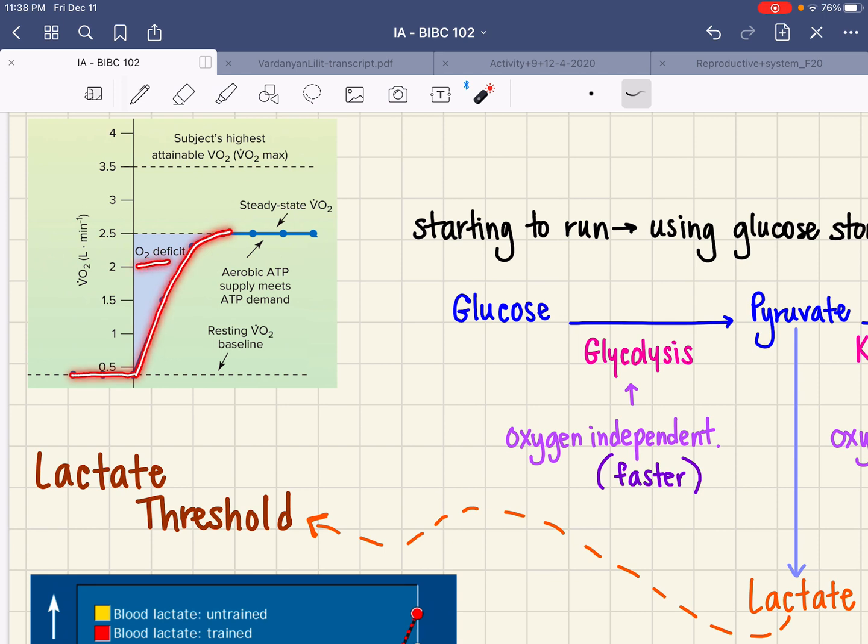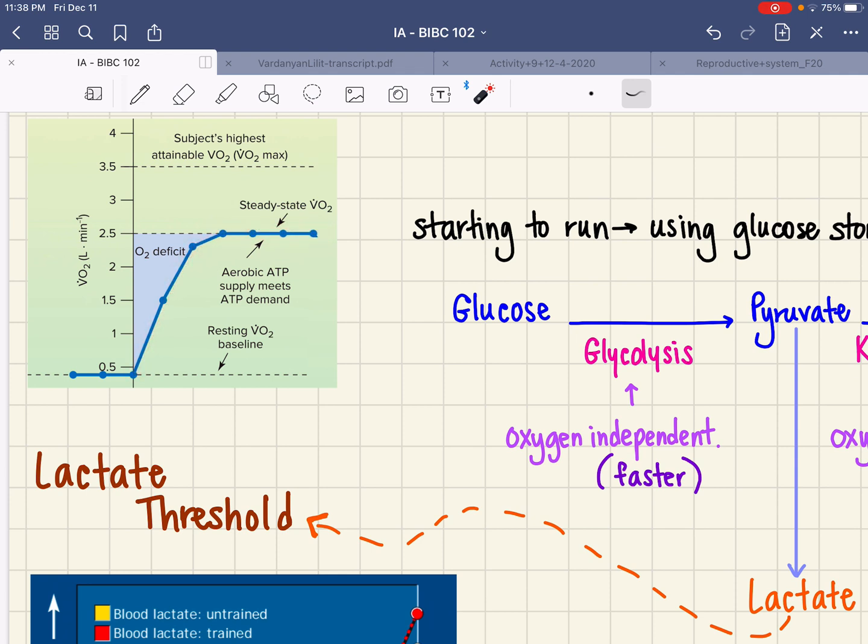Because although my muscles are moving, I'm walking very fast, I can't keep up with the oxygen demand. So I feel like I'm running out of oxygen until I walk for a while and I finally feel like I'm not going to pass out. I finally hit steady state of oxygen consumption. Okay?